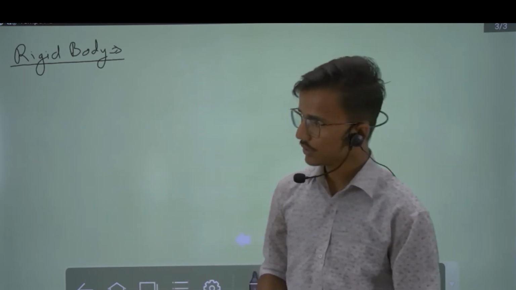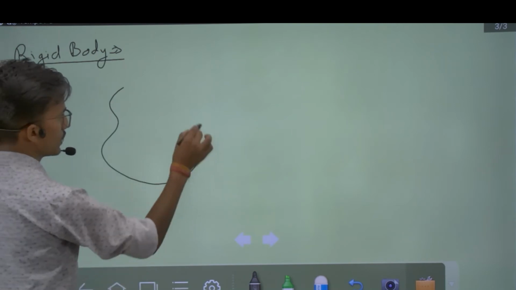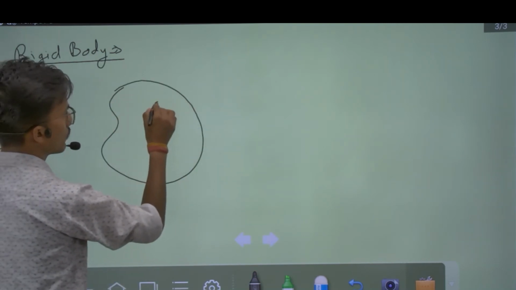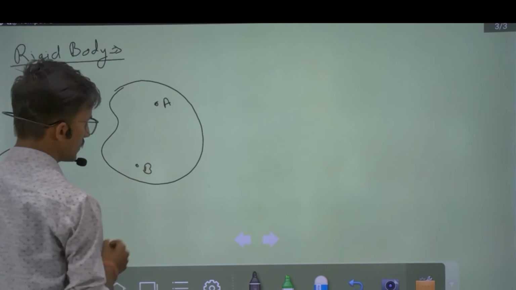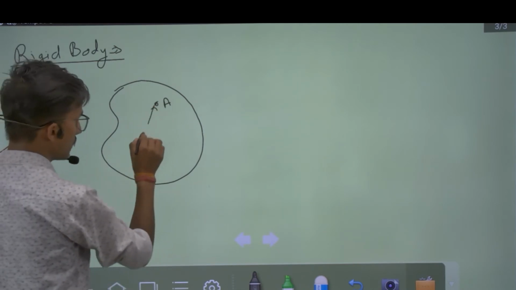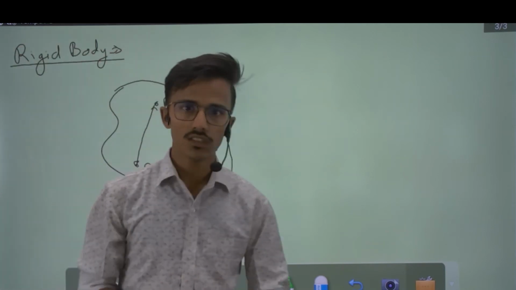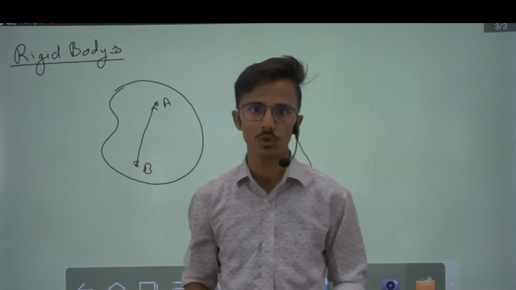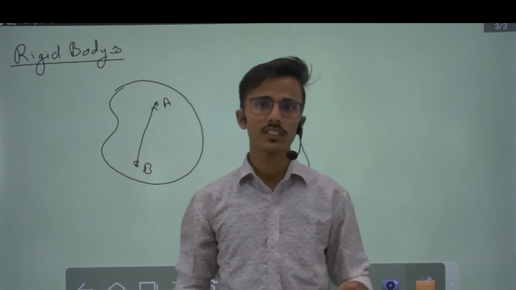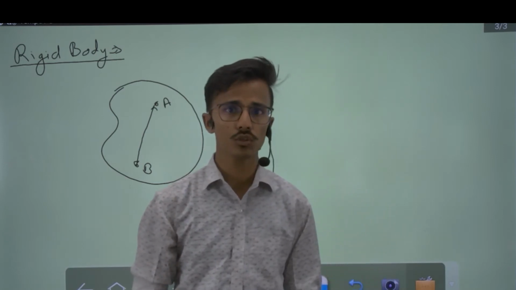If I take an example, this is a body, and I take one point A here and another point B here. If the distance between A and B is not changing, not only A and B, any 2 points, it's constant, then this body will be called a rigid body. What are the examples of rigid body? Is the human body a rigid body or not?